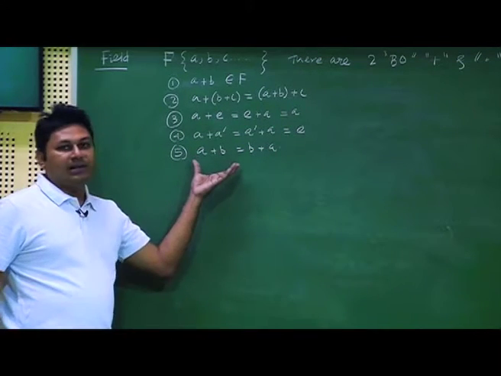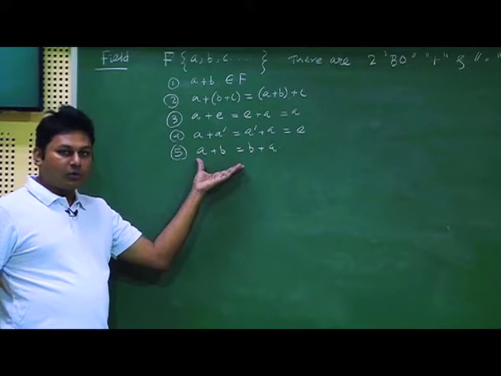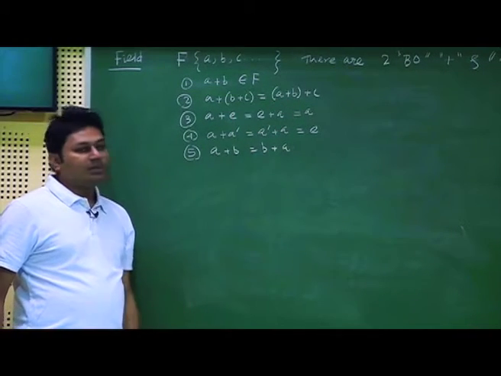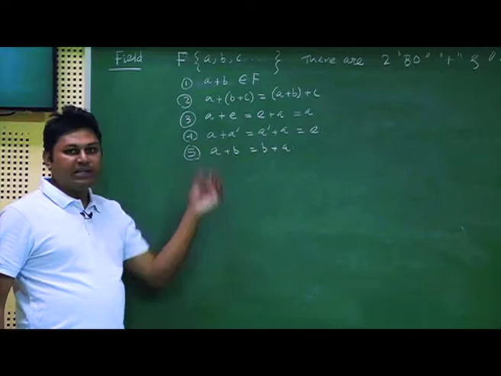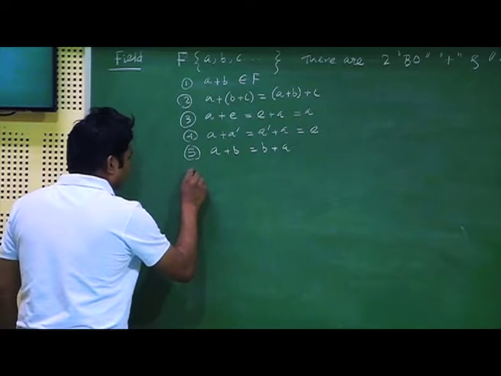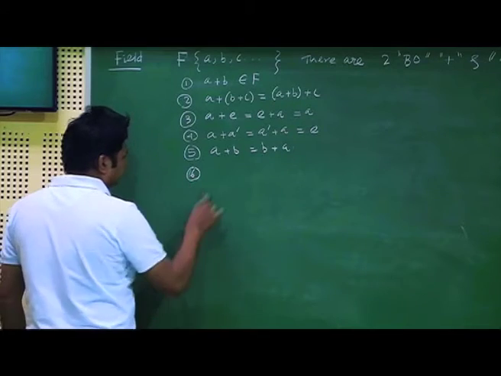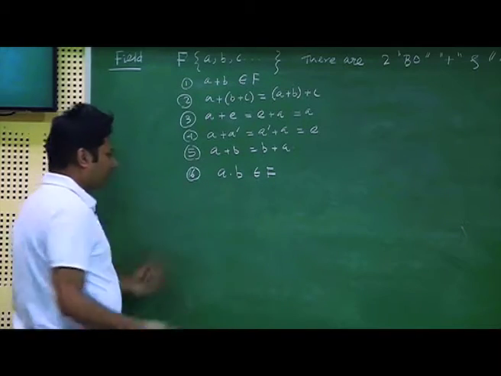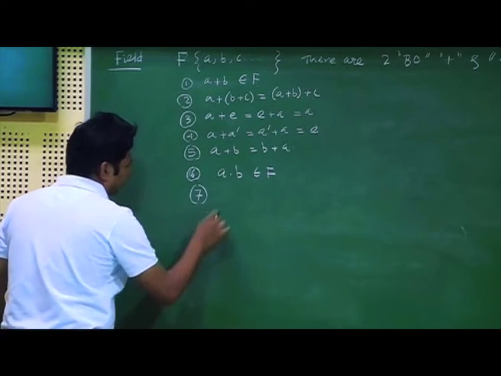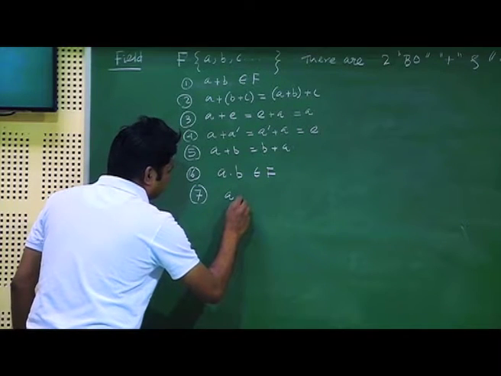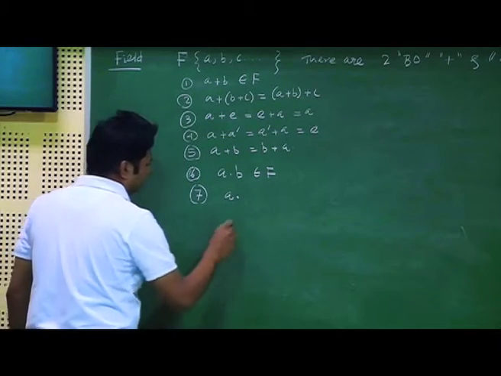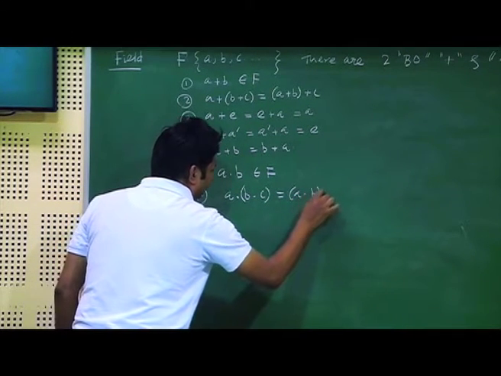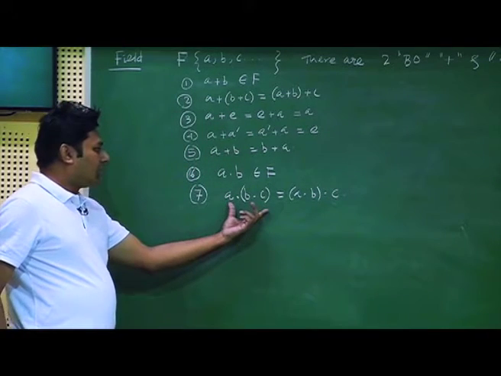Up to this is exactly like a ring. So all the properties that a ring followed, the field is also following when I am applying the plus or addition operator over the elements. Then the rest: closure property, associative property, these two properties also hold.